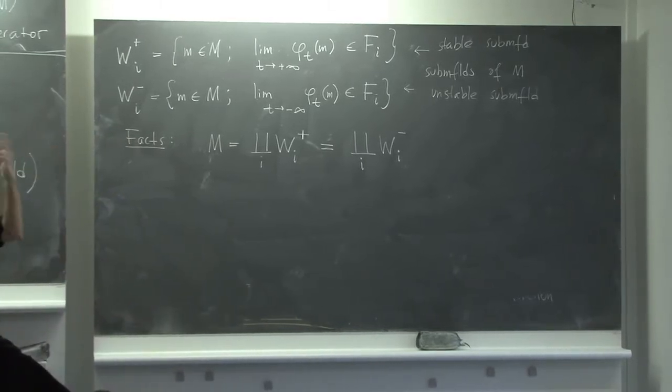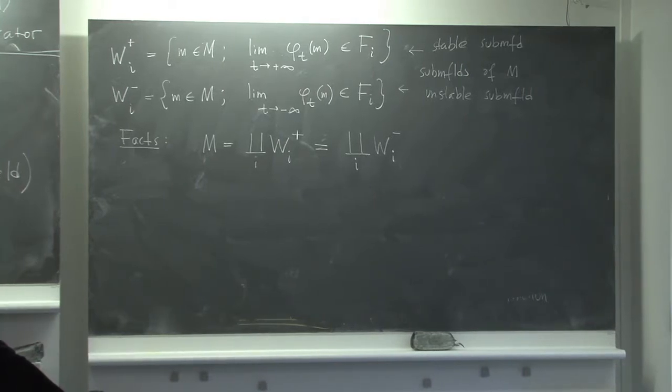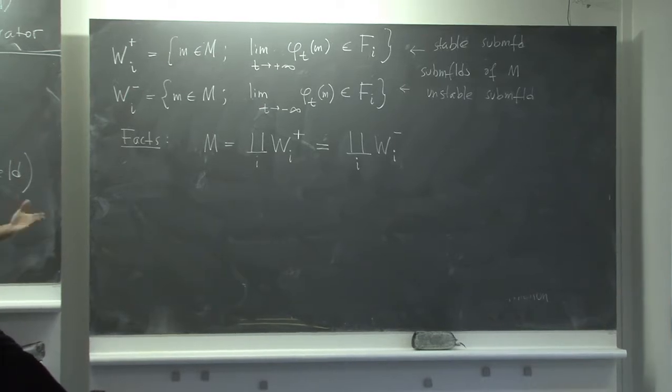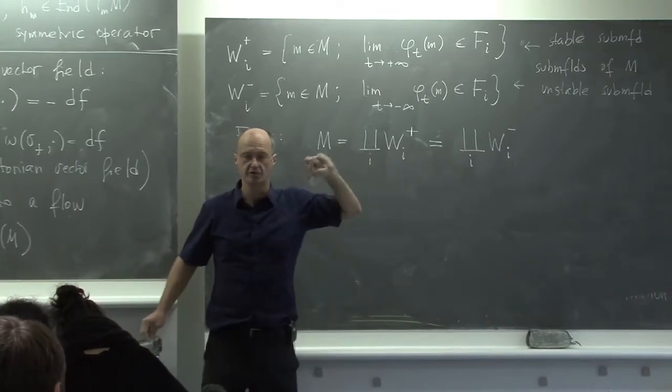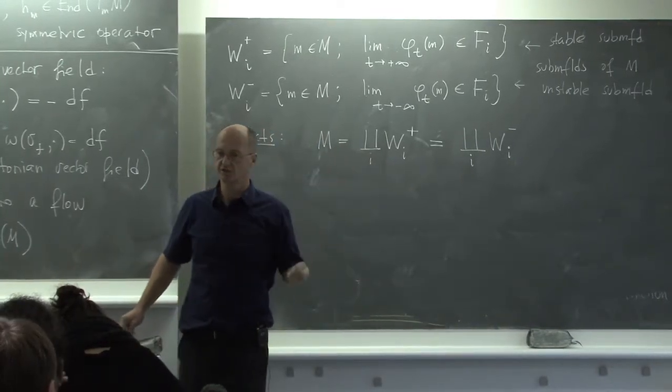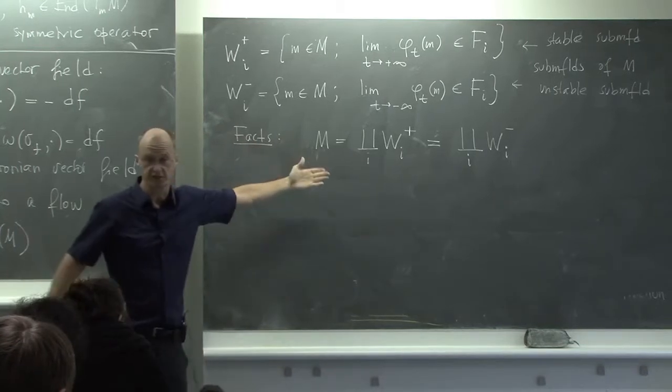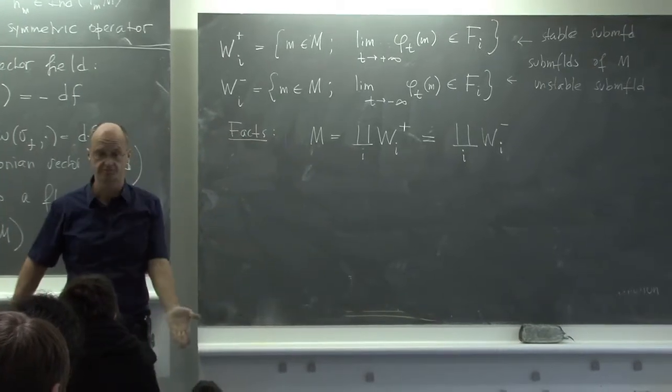Here, of course, implicitly, I'm saying that all the trajectories converge to critical points, right? And that's how these decompositions are obtained. So there are no trajectories where something weird would happen. For instance, no trajectories which would not converge somewhere.